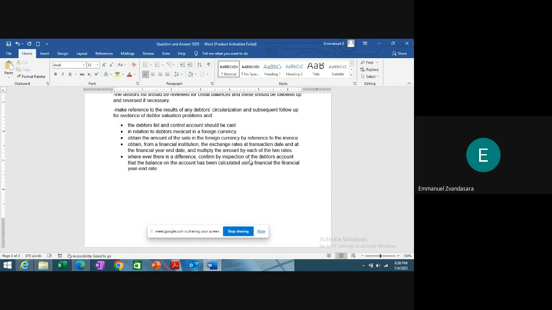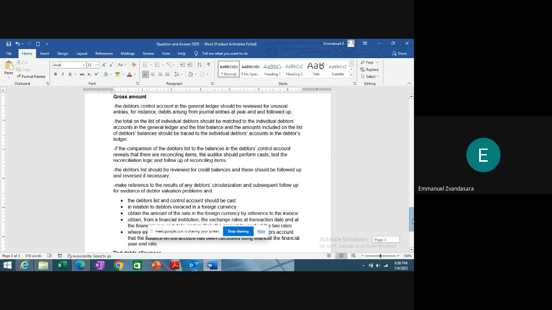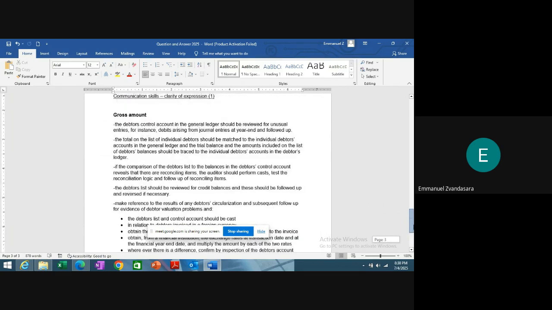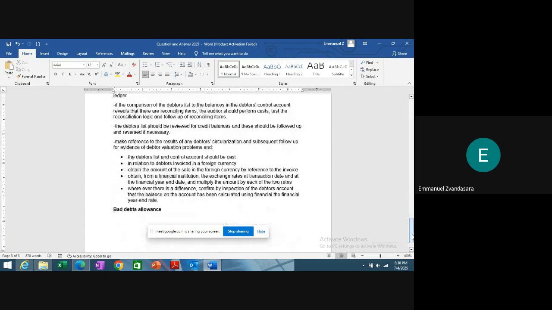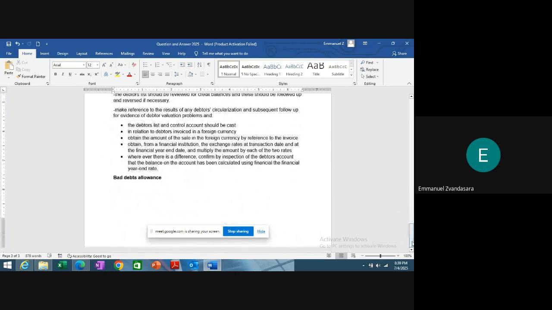Now, let's look at the issue of bad debts allowance. Obviously we need to give a bad debts allowance because some of the transactions, or some of the credit sales, might not be paid.